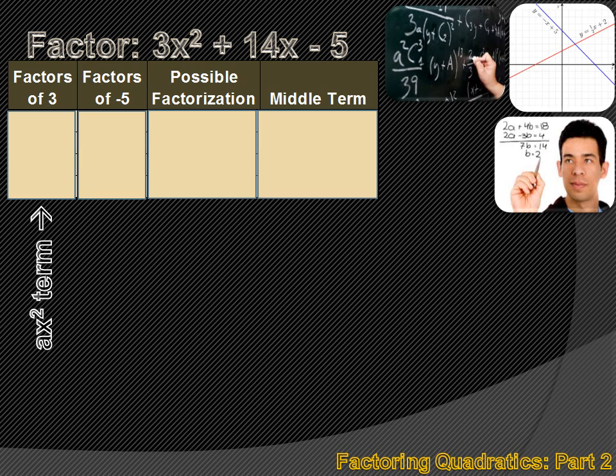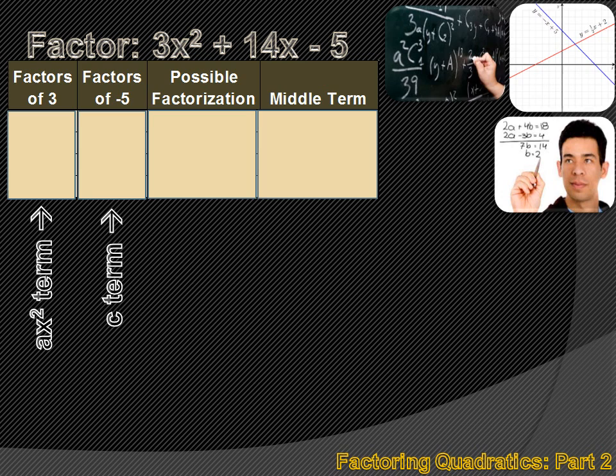I got another column for factors of minus 5. That's my c term. And then I get another column for possible factorization, and then a last column for a summary of what the middle term is, the b term.